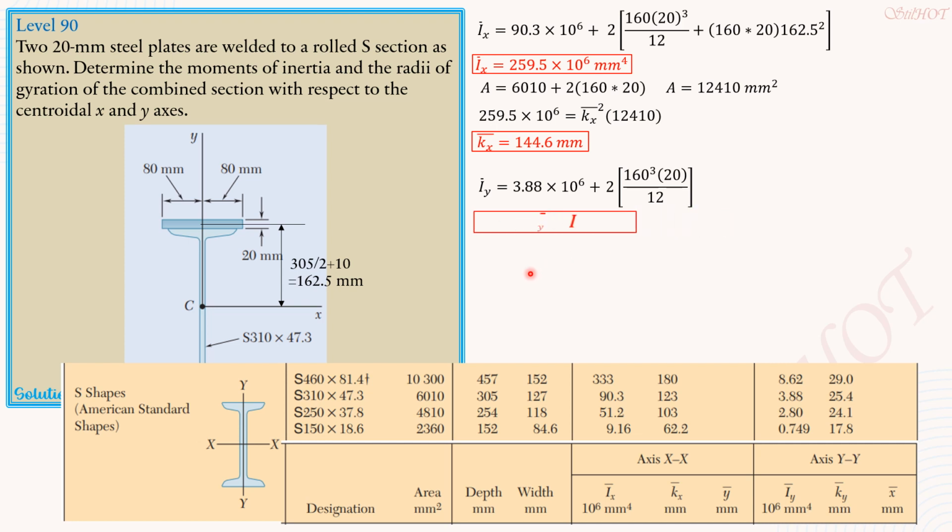So I bar y is equal to 17.53 times 10 to the 6 mm to the fourth. Then we equate that to k barred y squared times area 12,410. So k barred y is equal to 37.58 mm.